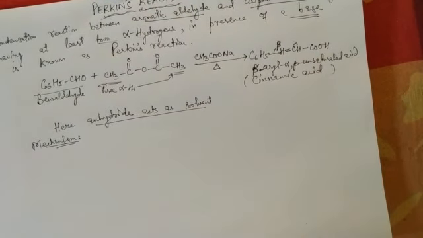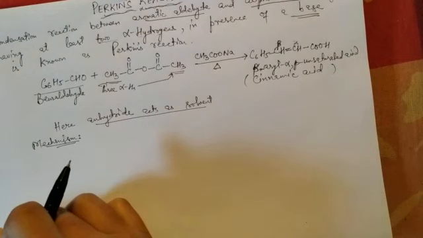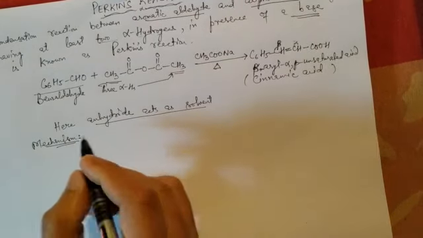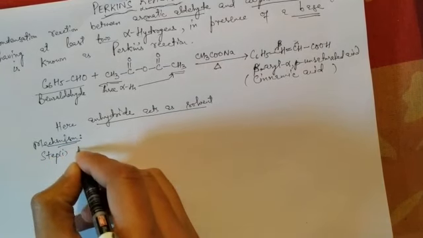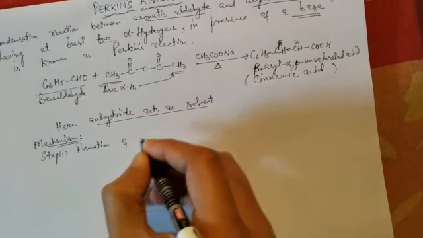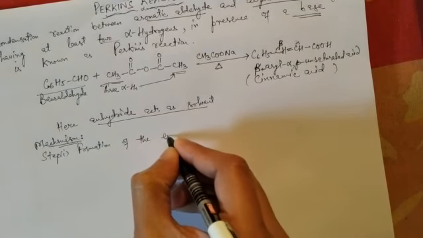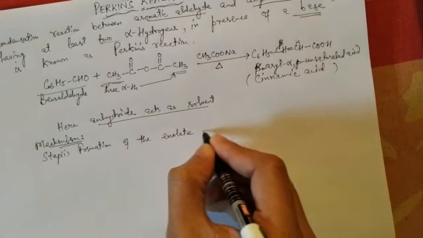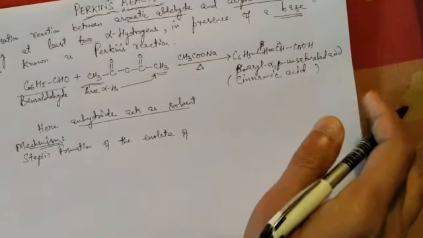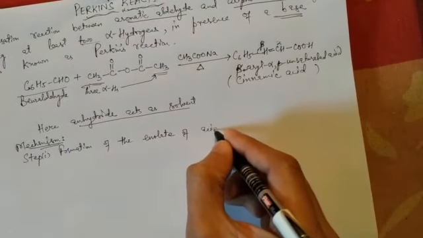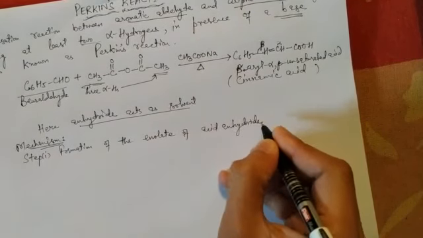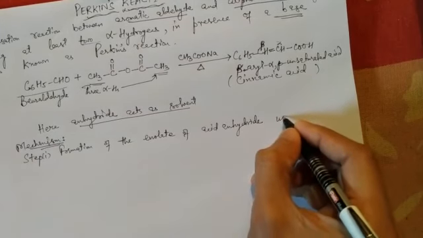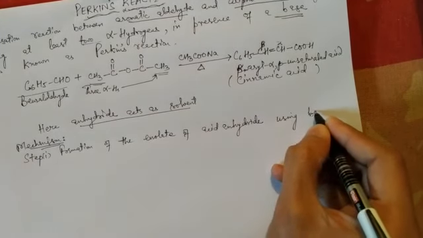And the very first step is the formation of the enolate of the acid anhydride. Step 1 is the formation of the enolate of the acid anhydride using a base.